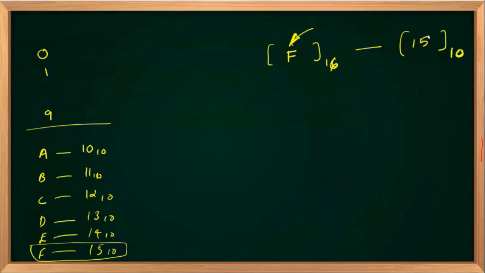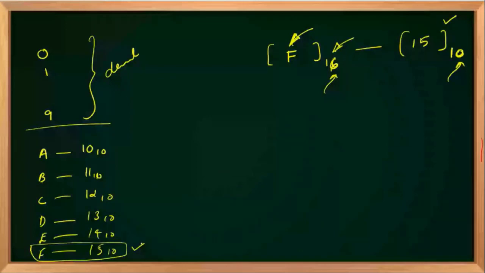If this base is less than this one, this system will be a subsystem of this system. Decimal is a subsystem, so you can select the equivalent from that system, F corresponding to 15.